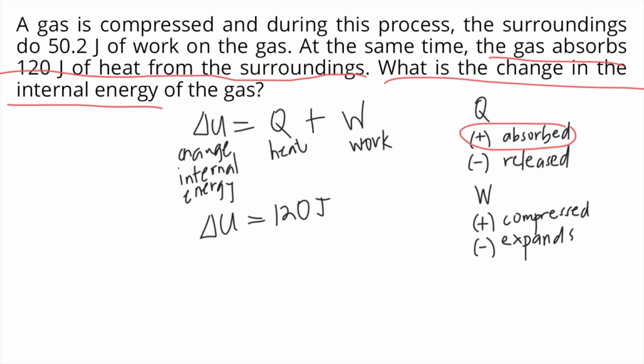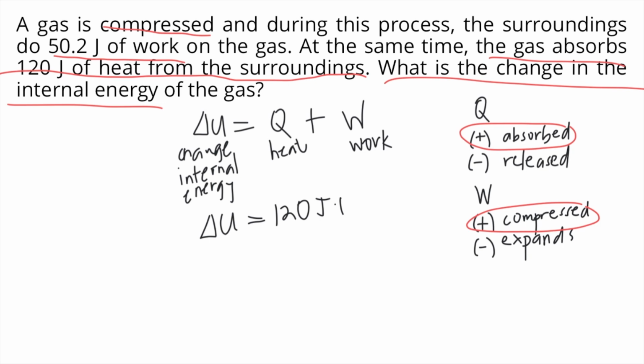And then it says here, a gas is compressed, and during this process, the surroundings do 50.2 joules of work. So compression of the gas and 50 joules of work. So compression, that's positive work.